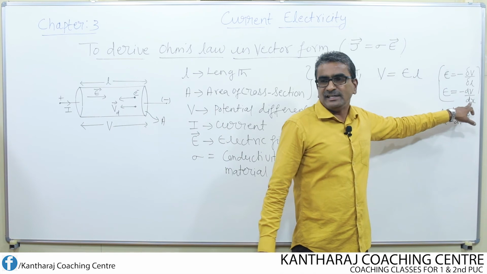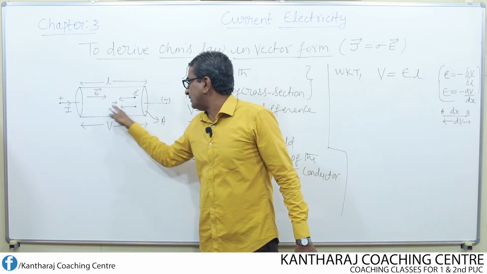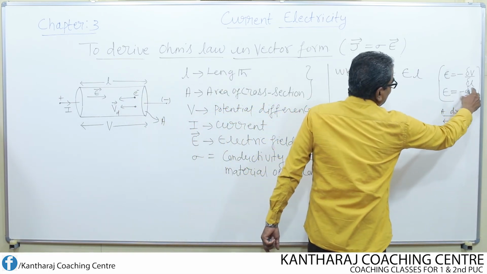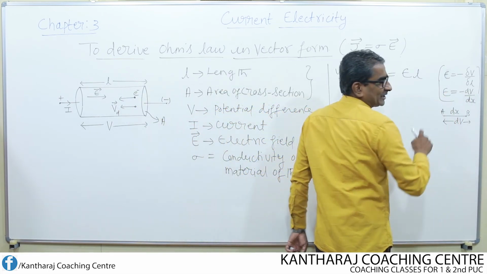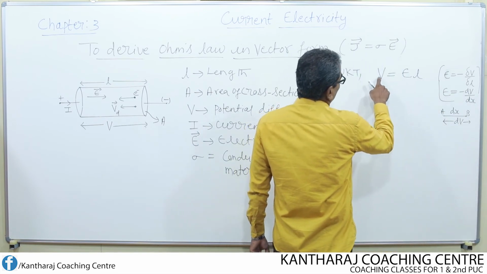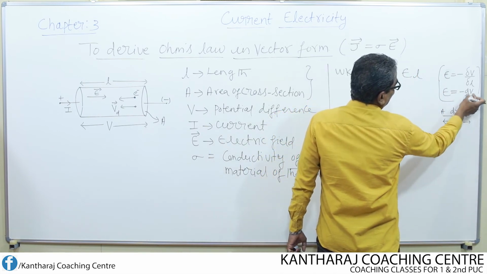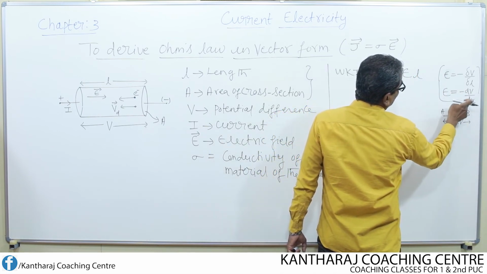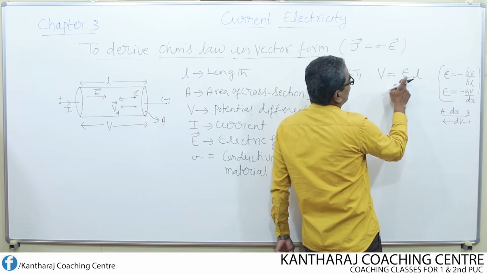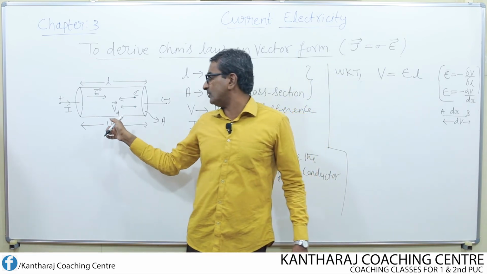Instead of distance of separation dx, we have the distance between the two ends as L. Neglecting the negative sign, I can write V equal to E into L, because if you cross multiply, potential is equal to electric field into distance. Potential difference is equal to electric field into the distance between the two ends of the conductor, which is L.